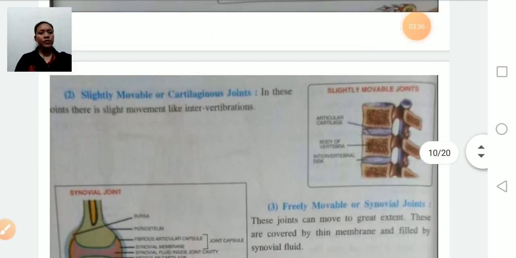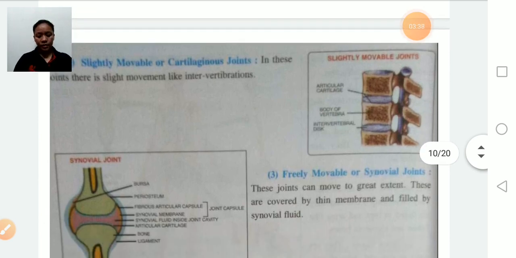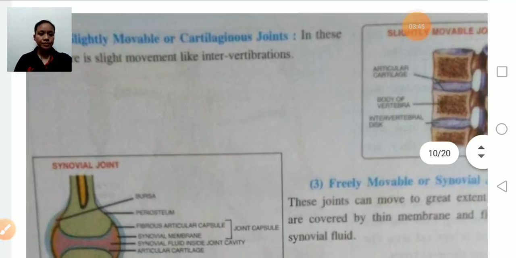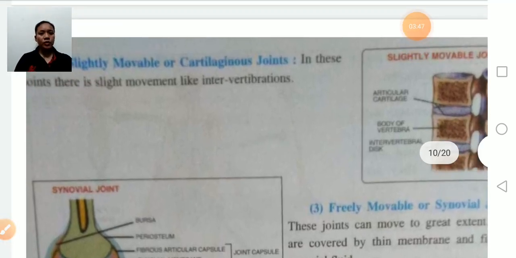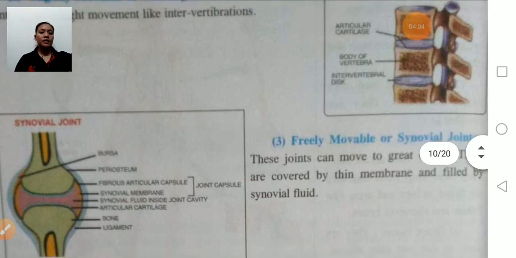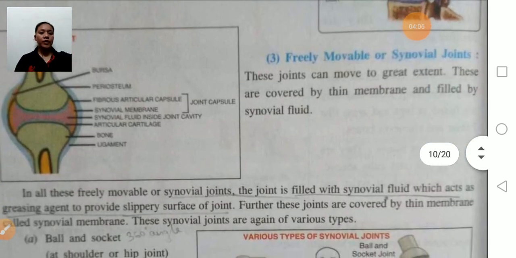Slightly movable joints are cartilaginous joints. In these joints, a slight movement is possible, like in the intervertebral joints.